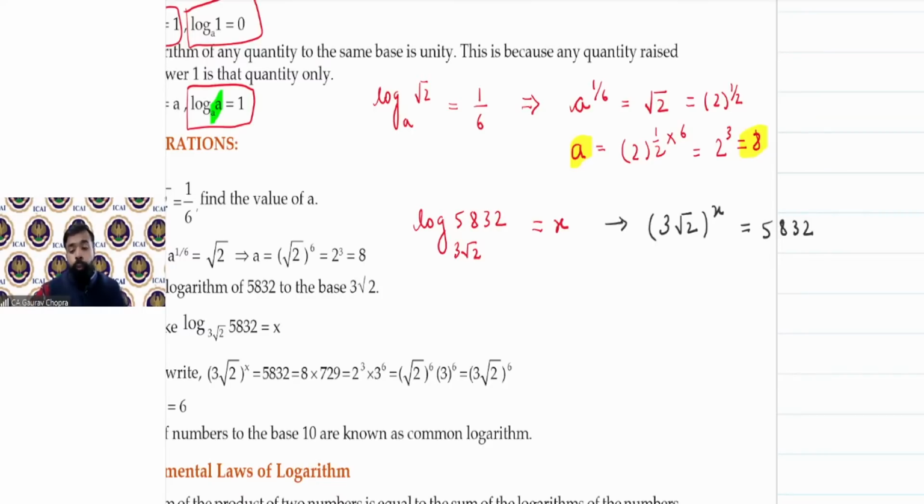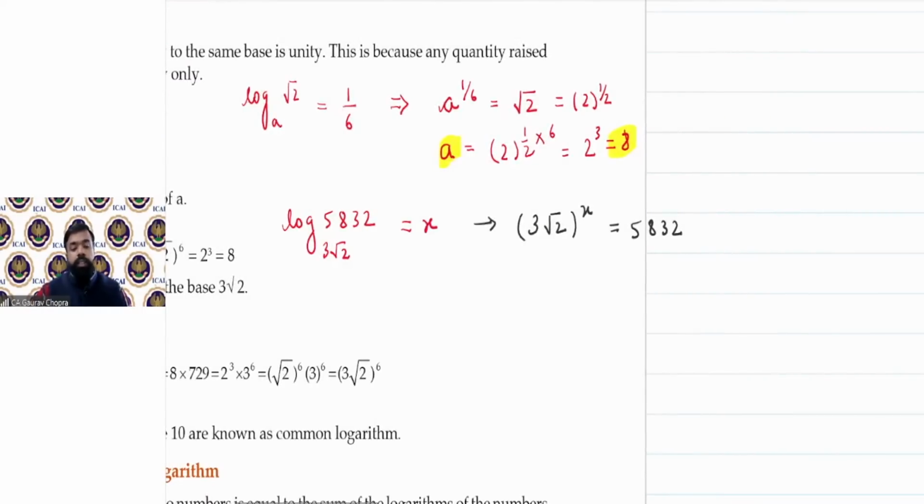Now how do we proceed? Let us understand. We have done one property in law of indices, which says that if bases are equal, then powers are also equal, and when powers are equal, then bases are also equal. So if we make the base the same on both sides here, then we can get the value of x.